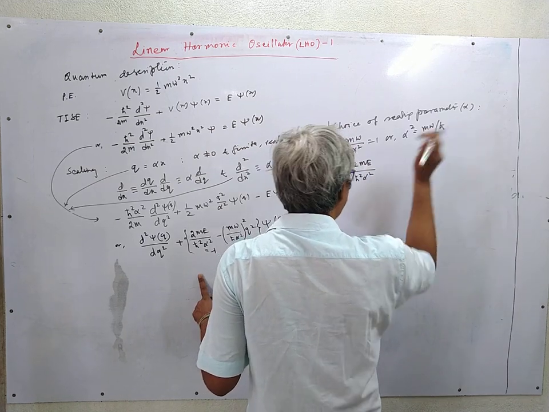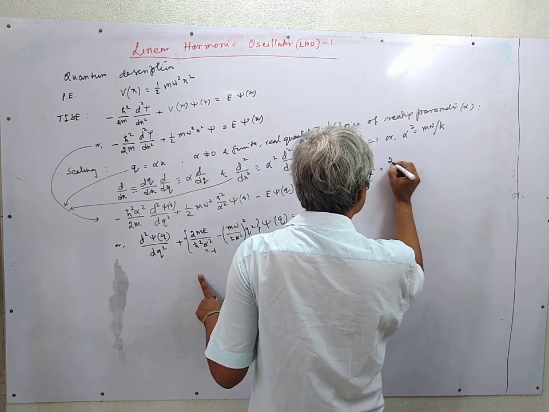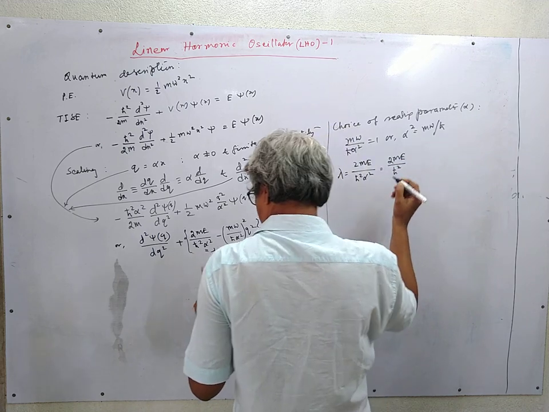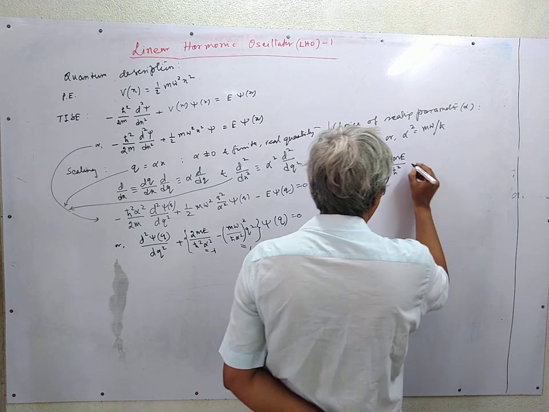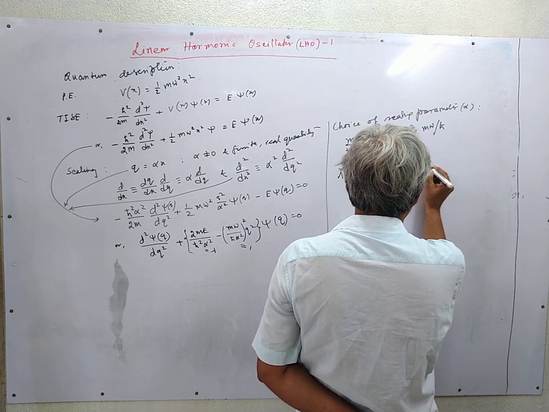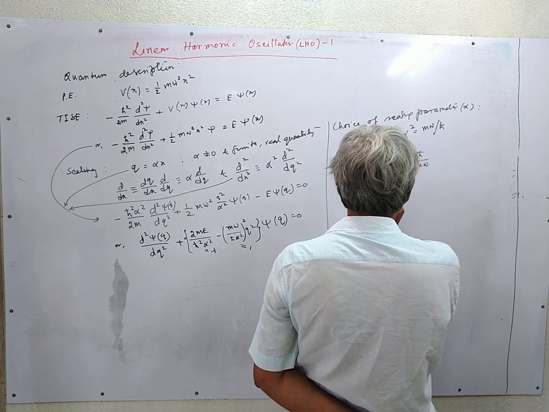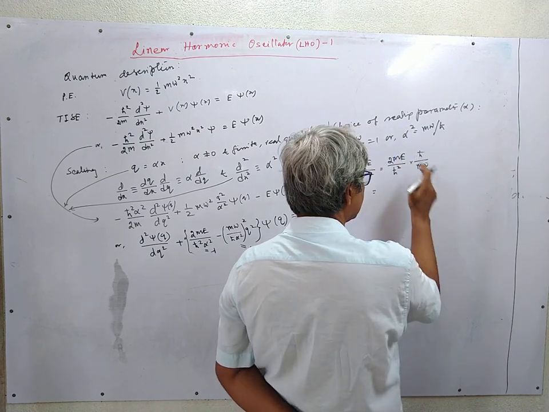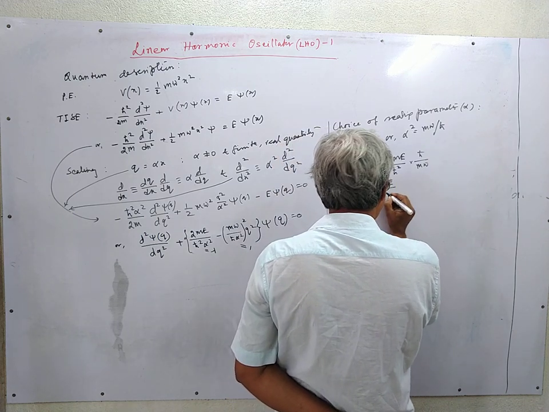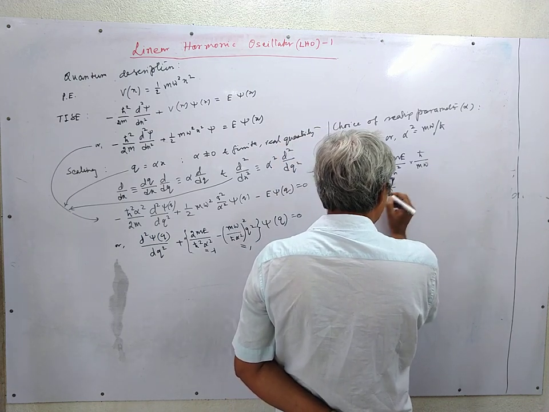If we use this value of alpha, this becomes 2mE by h-bar squared, and for 1 by alpha squared we write h-bar by m omega. So on simplification the m cancels out, so this is twice E by h-bar omega.